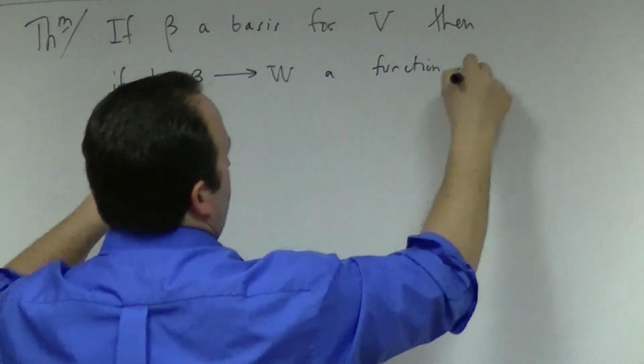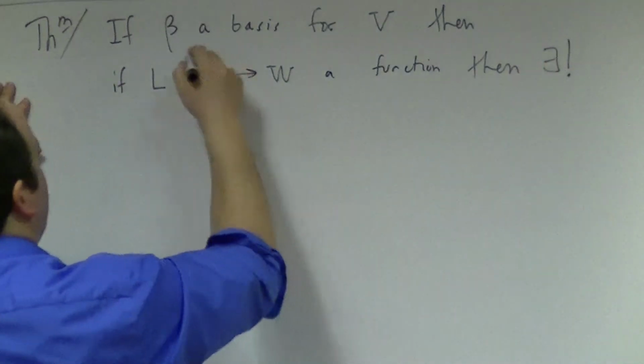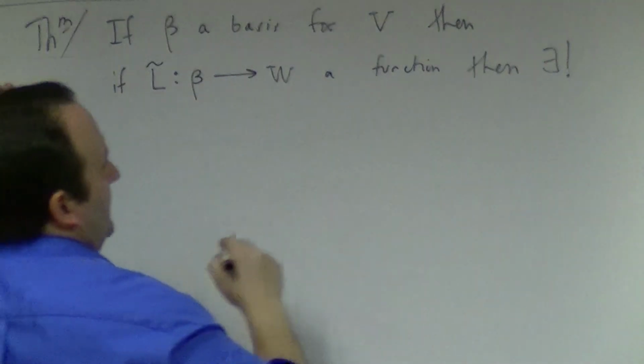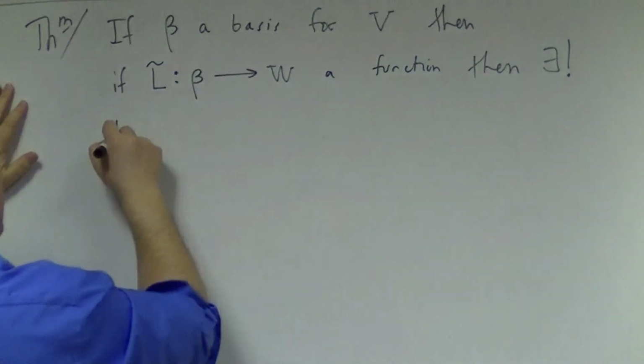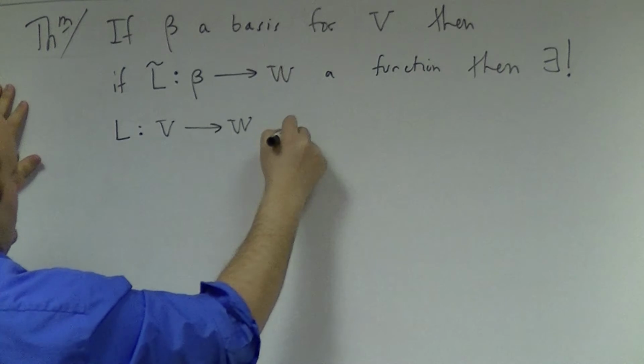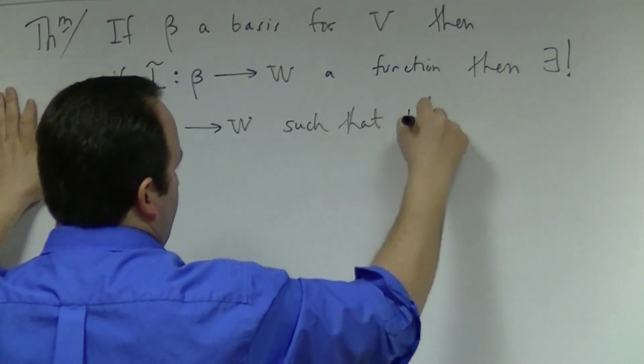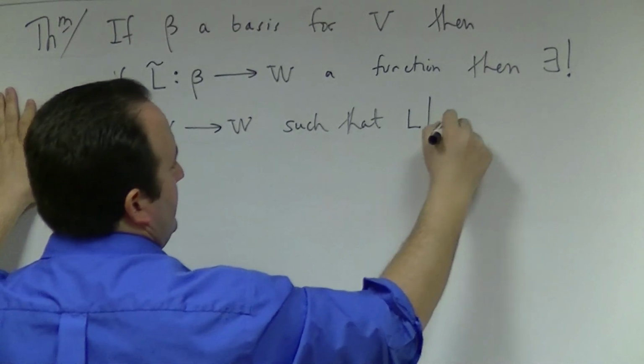Then there exists a unique L from V to W such that L restricted to beta is equal to L tilde.